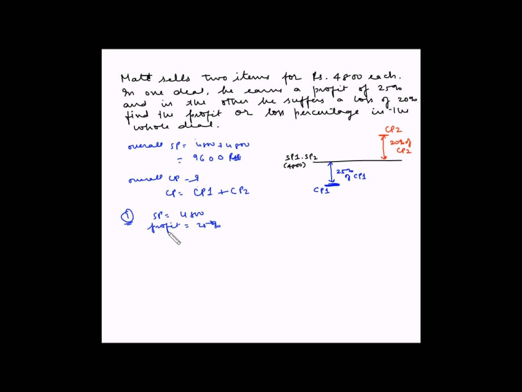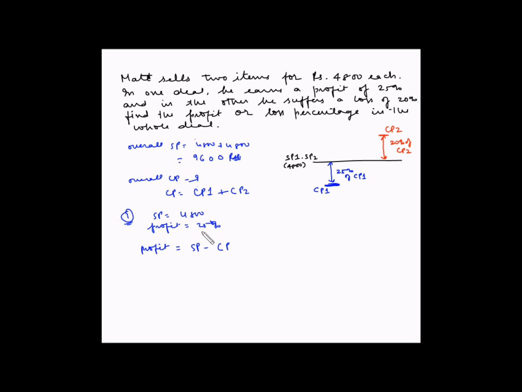Now we know that since here we have made a profit, our selling price is higher than the cost price. So profit is equal to the higher figure, which is selling price, minus the lower figure, which is the cost price.